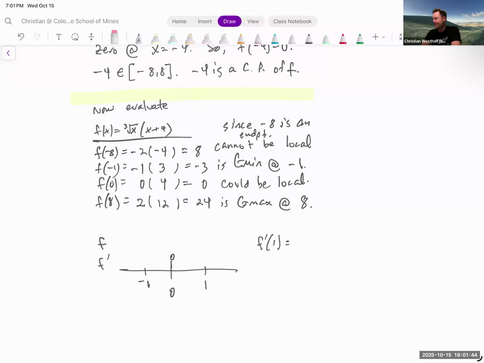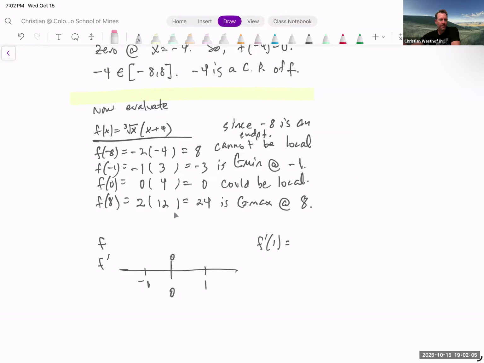Okay, I'm recording again. Okay, here is our number line. And at location 0, that's what we're considering could be a local min or local max. Our derivative was 0. We have a horizontal tangent line. And we need to look at the sign of the derivative before 0 and after 0.